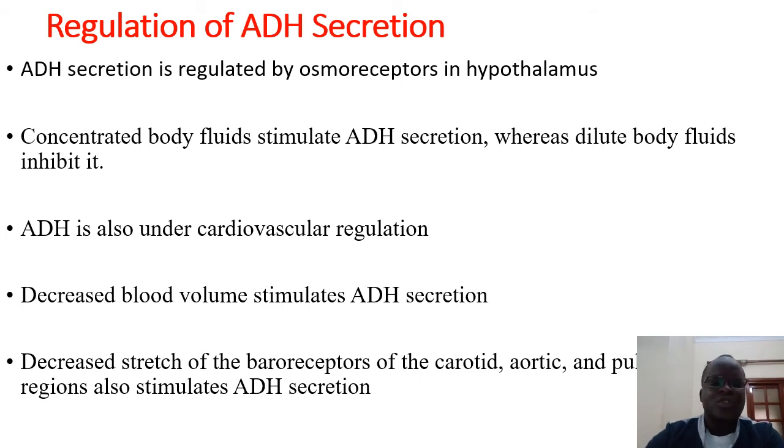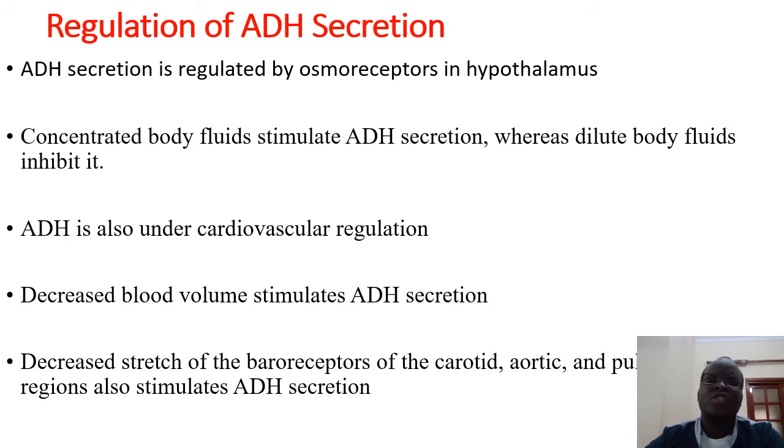You don't want to be producing ADH even when the blood pressure is increased, even when you have high water content. If you have an increase in blood volume, do you still need ADH? No. So what is going to be regulating the secretion of ADH? The ADH secretion is regulated by osmoreceptors in the hypothalamus, like I explained.